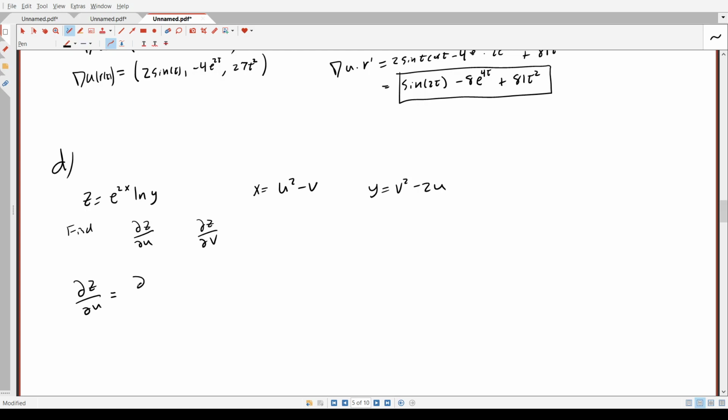I can't take the derivative of z with respect to u because there's no u in there right now, but I could write this as the derivative with respect to x, dz/dx times dx/du, as if these cancel out. But I have to make sure to not do it for just x, I need to also do it for y. And this is exactly what we're going to compute.